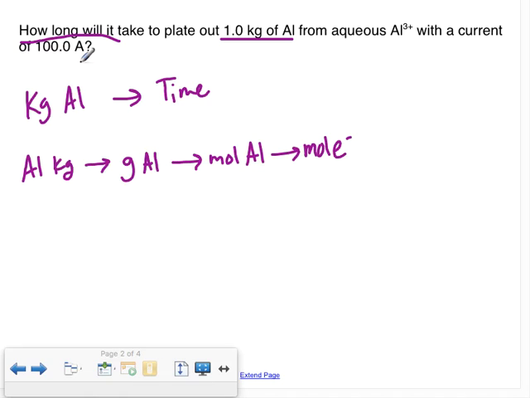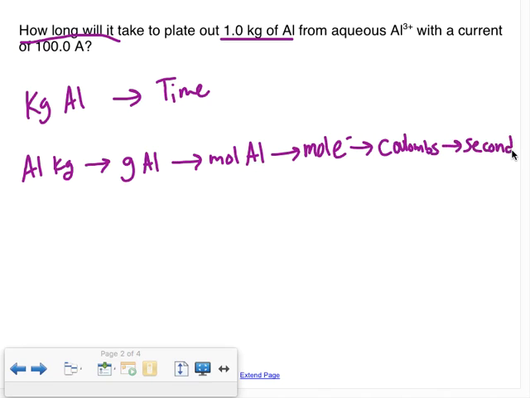So if we can get from moles of electrons to charge, and charge is going to be in coulombs, we can figure out the amount of time in seconds, because amps are coulombs per second. So this is our game plan.